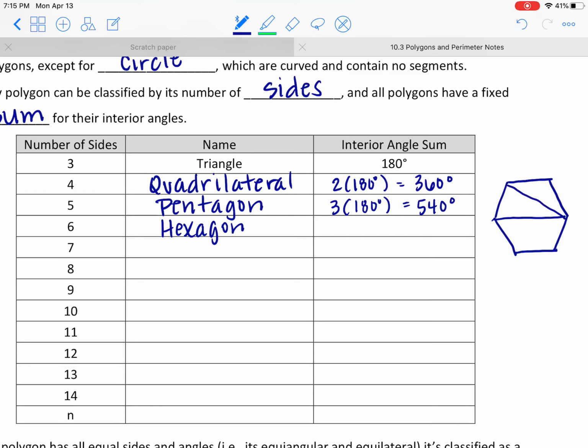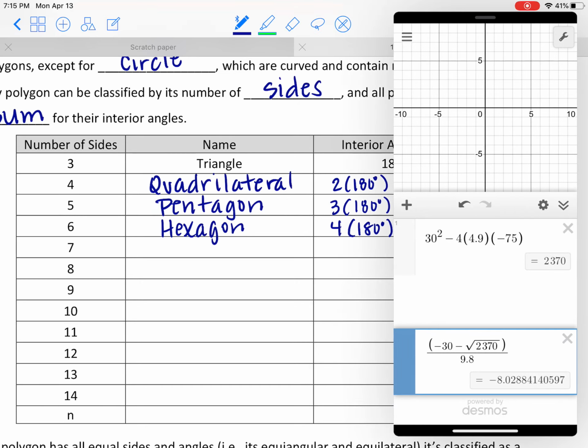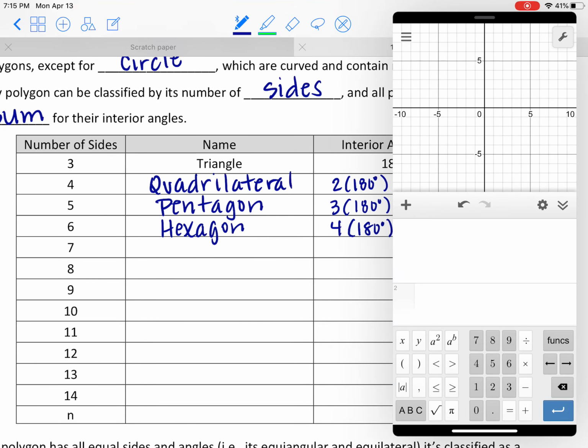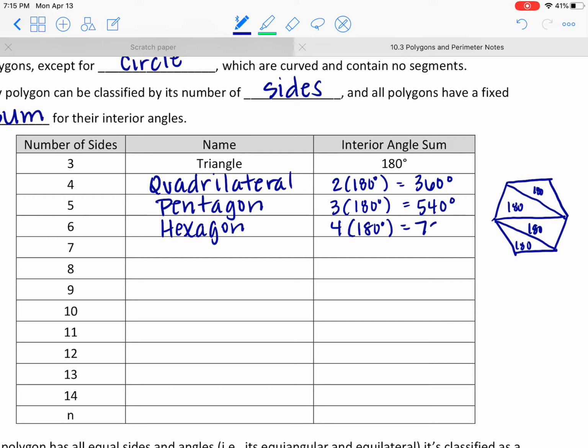And then I could cut this quadrilateral in two, and I could cut this quadrilateral in two, and what do I have? Four triangles. That's 180 degrees, 180 degrees, 180 degrees, 180 degrees, right? So four triangles, 4 times 180 degrees. What is 4 times 180? Oof, don't mind my ridiculous math in here. 4 times 180 is 720 degrees.